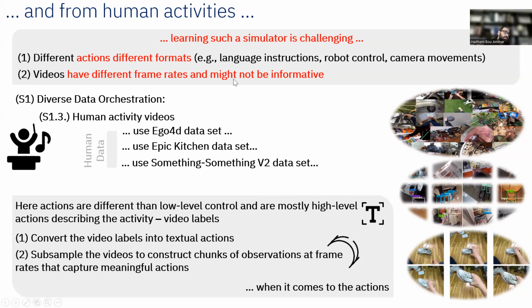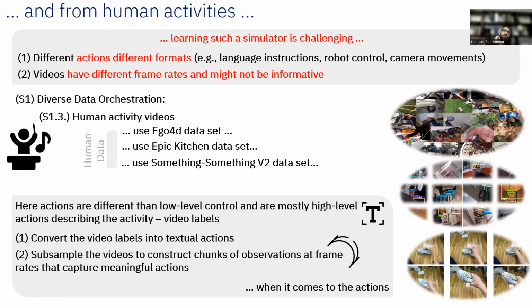Now, then comes the second problem, however, because these videos might have different frame rates, right? Then it is not meaningful to just have that big textual action and the whole video, because maybe the video in a small part actually describes the relevant information for that specific action.